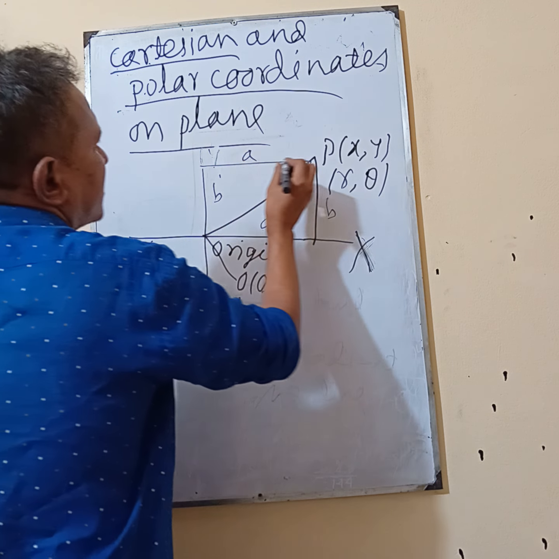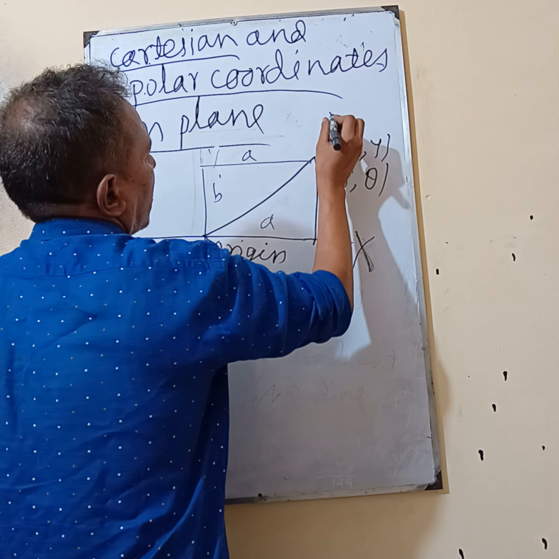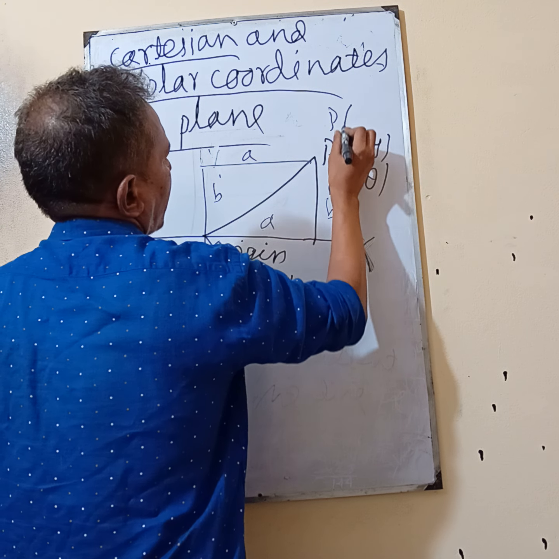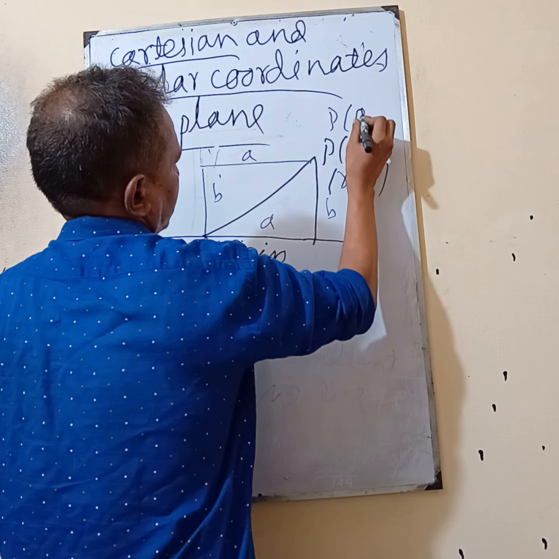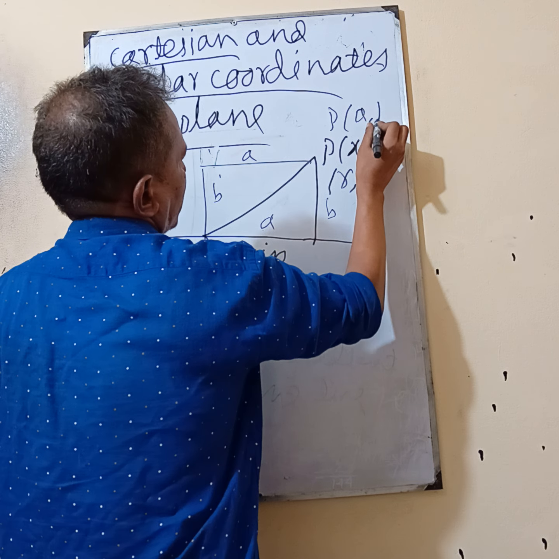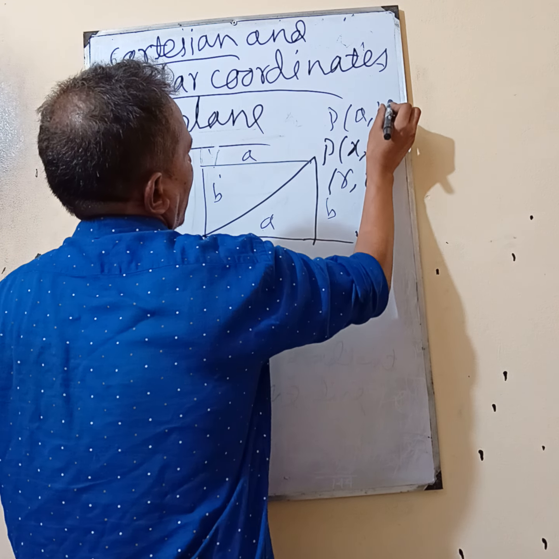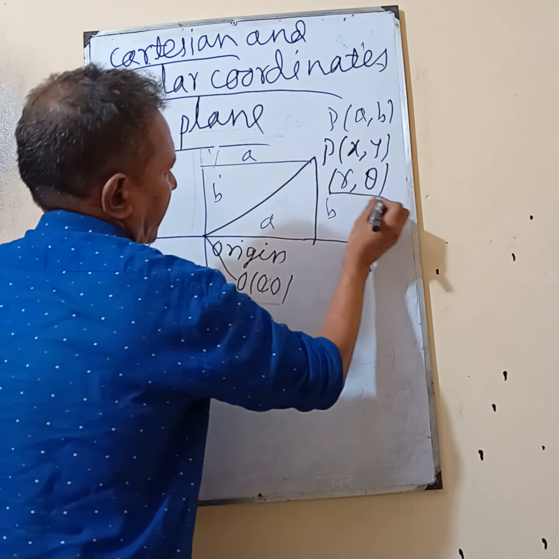Then this point P must be called (a, b). So (x, y) or (a, b) are Cartesian coordinates, while (r, theta) are polar coordinates.